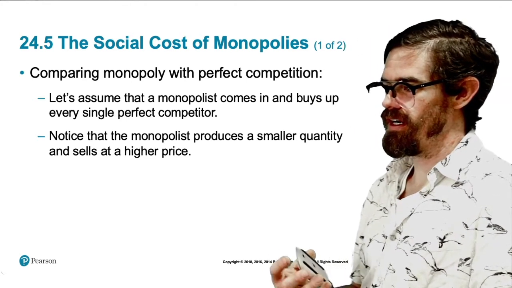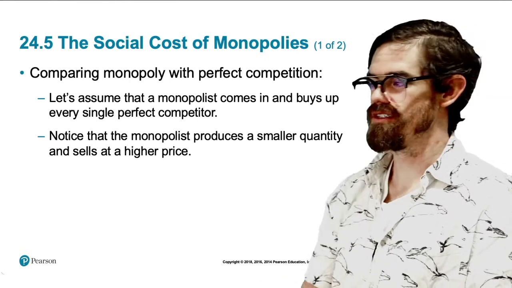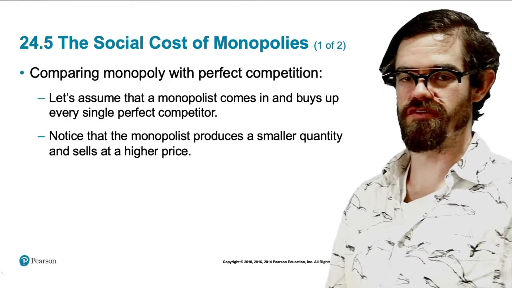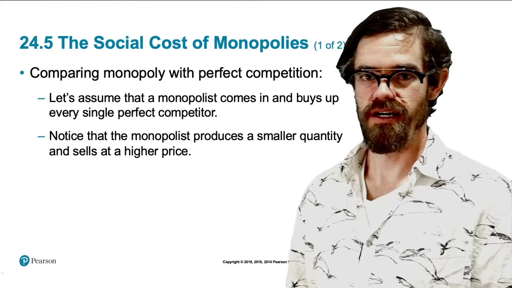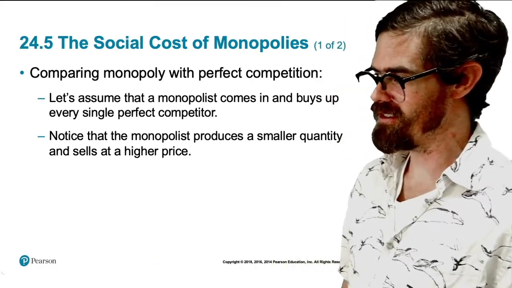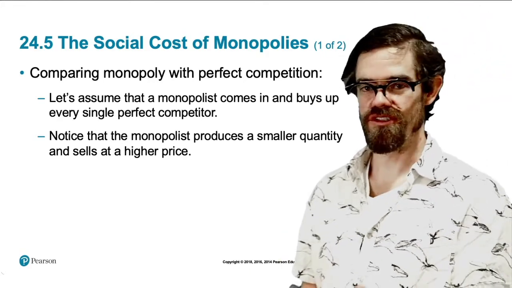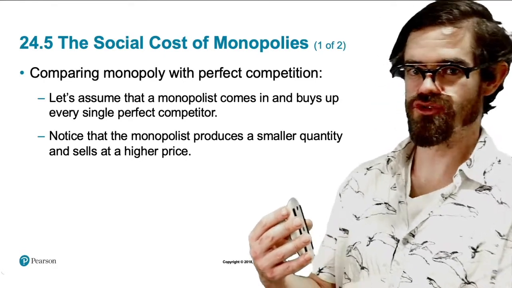So let's assume that a monopolist comes in and buys up every single perfect competitor, effectively taking the industry from perfect competition, where there's an efficient outcome, social welfare is maximized, and producer and consumer surplus is maximized, to a monopoly. And what we'll see is that the monopolist charges a higher price by restricting quantity.